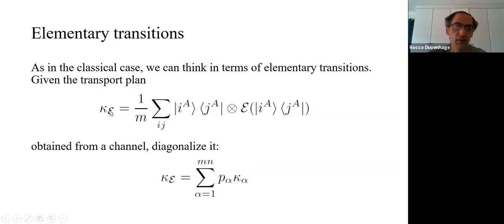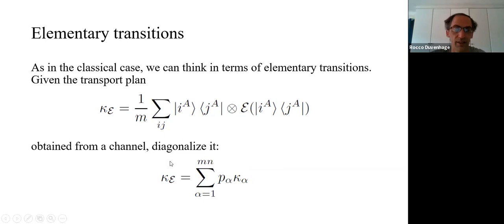So if I have a channel E and I look at its state representation via the duality, then I can take that state and I can diagonalize it in terms of pure states. By pure state, I still mean it's a density matrix, but a pure state density matrix. So it's given by some state vector.